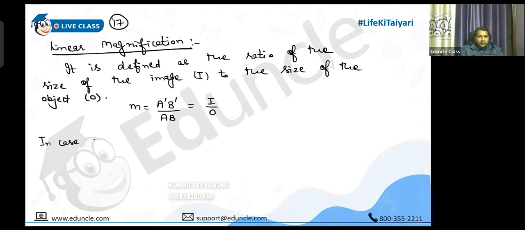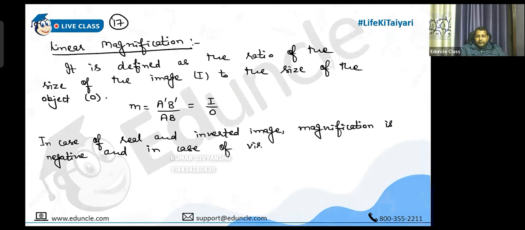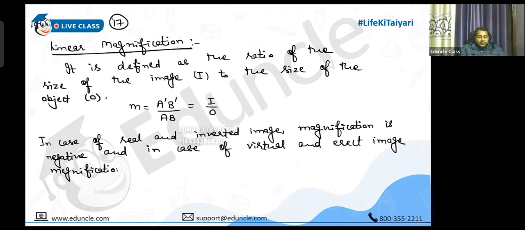In case of a real and inverted image, magnification is negative, and in case of a virtual and erect image, magnification is positive. And M is V by U for all the cases. So V and U accordingly follow, and this is the general rule that is applicable.